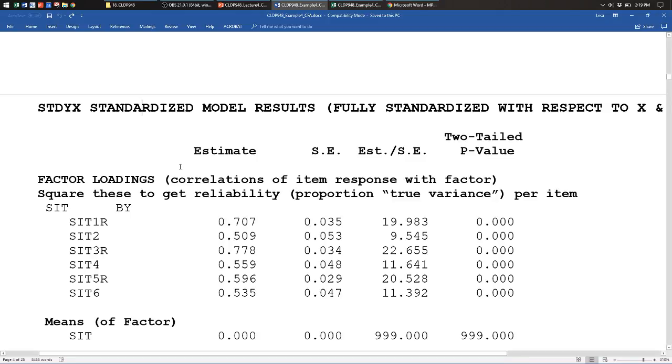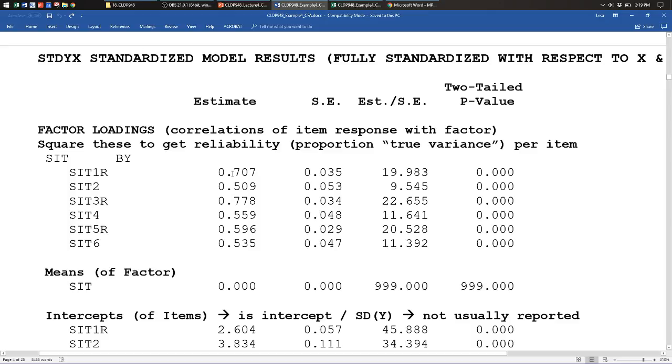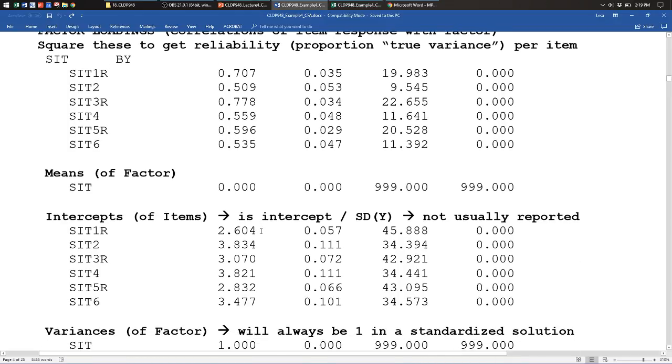Question? If you have items that are really, really highly correlated with your factors, do you need all of them? Maybe. What we haven't talked about yet is reliability, which is how well the factors are being measured, and that depends on the number of items and the strength of their loadings. Other questions?